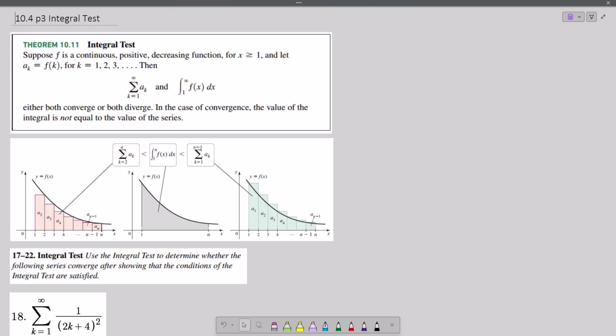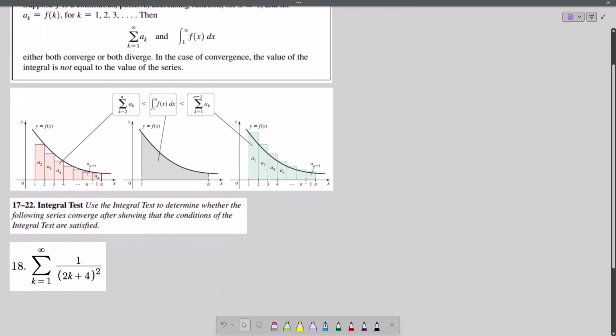So we find the corresponding function. If you can integrate that corresponding function, like we could with the 1 over x, the integral of 1 over x is natural log of x, absolute value, then both of those things, the infinite series and the improper integral, do the same thing. They either both converge or they both diverge.